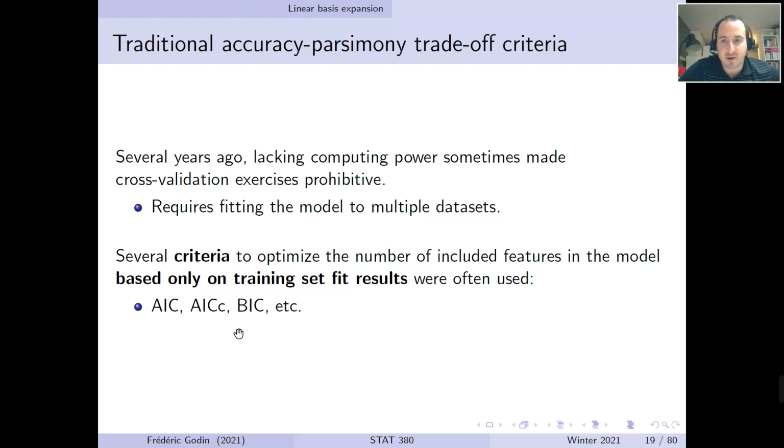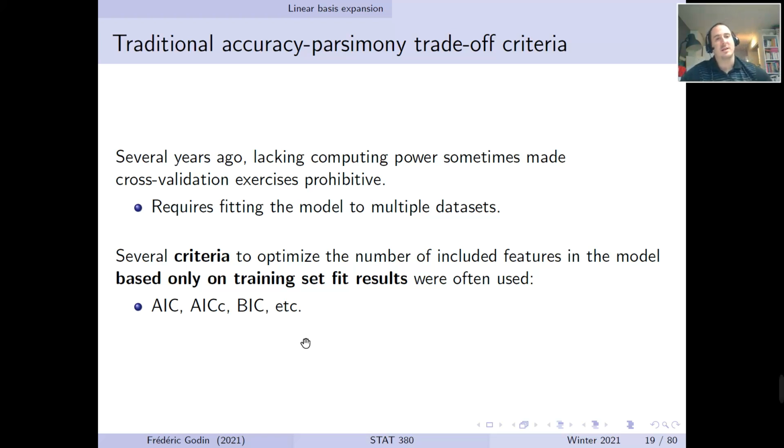sometimes you might recognize their acronyms. AIC stands for Akaike's criterion. AICC is a modified form of the Akaike's criterion. BIC is the Bayesian information criterion. Both of these are metrics which represent a trade-off between accuracy and parsimony of a given model.